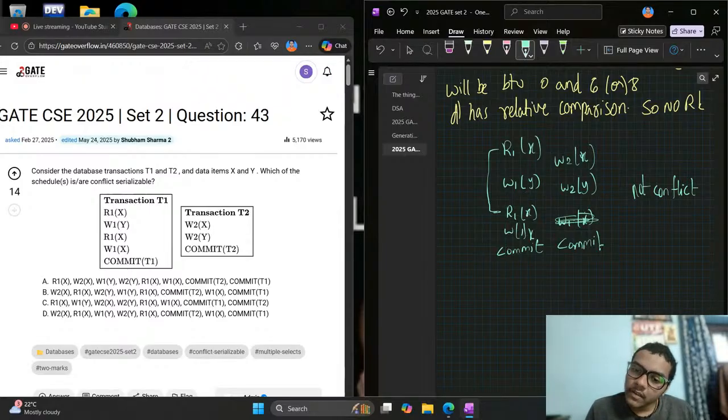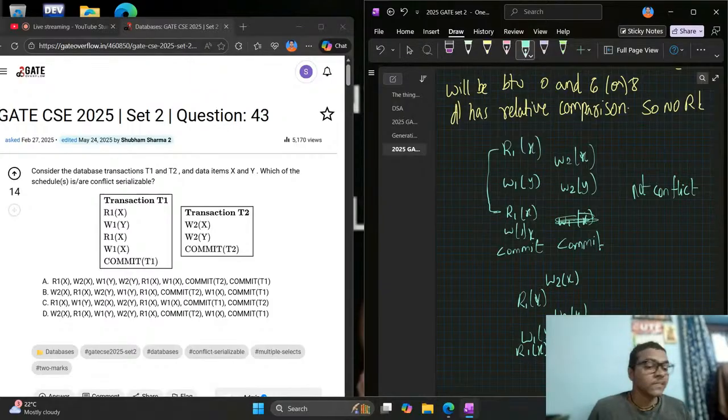Not conflict serializable. And W2x, R1x, W2y, W1y, commit, commit, W1x commit.